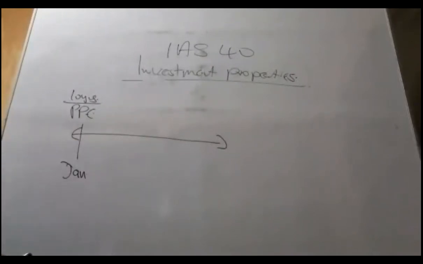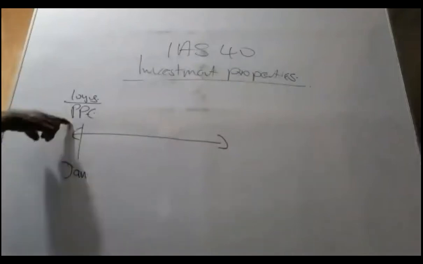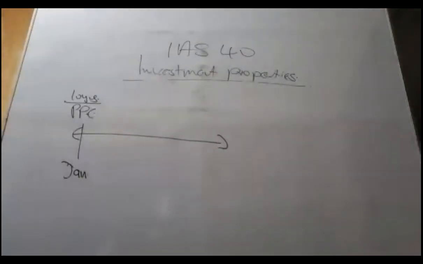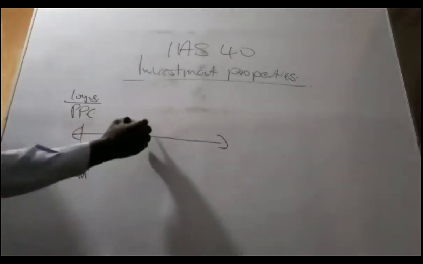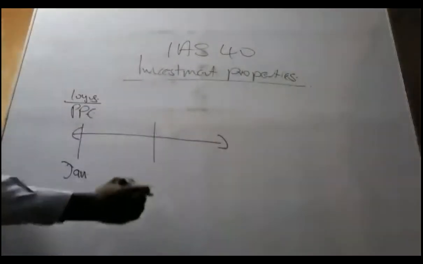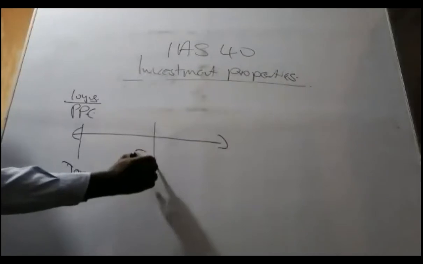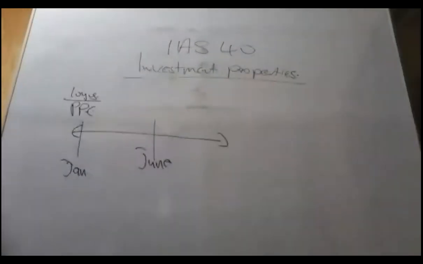But now you've gotten a new place to use as the head office. So we decided to transfer the existing PP, the existing building, to investment property. Let's assume that the transfer was successful in June.